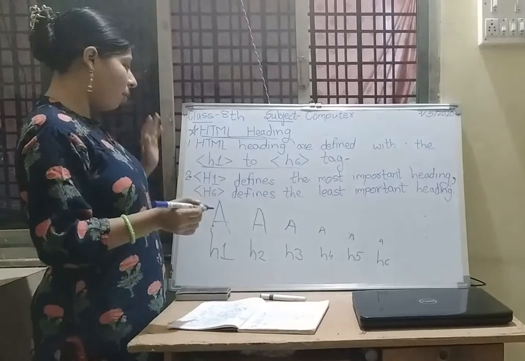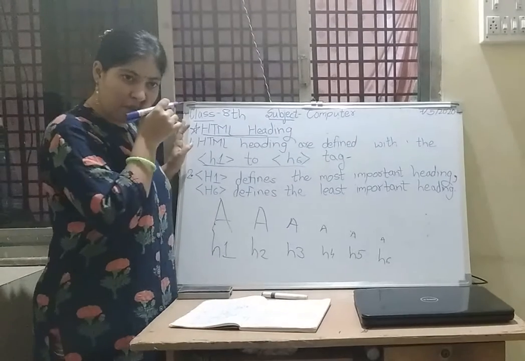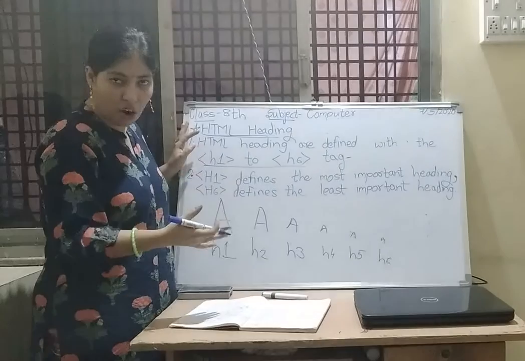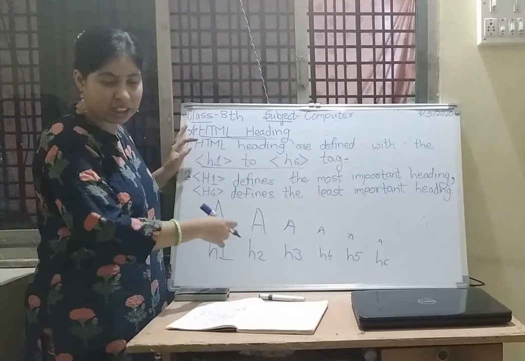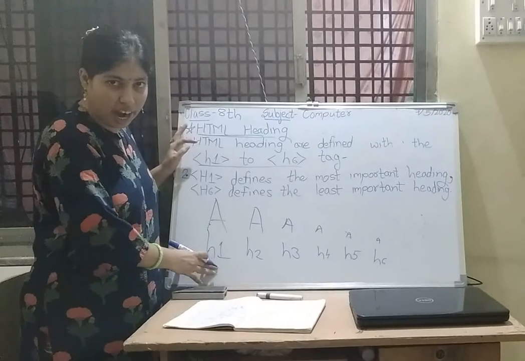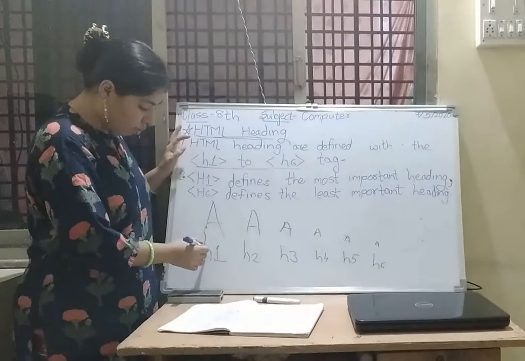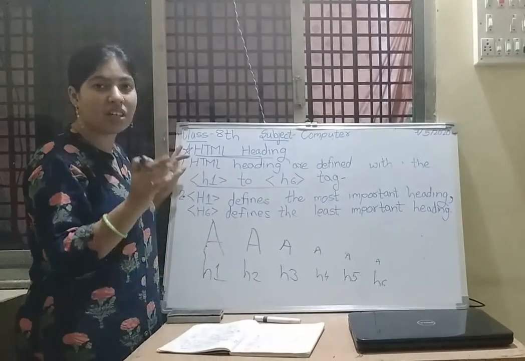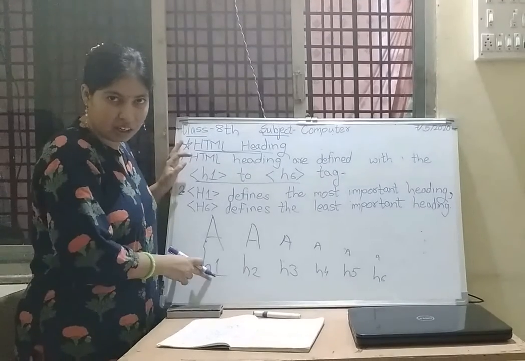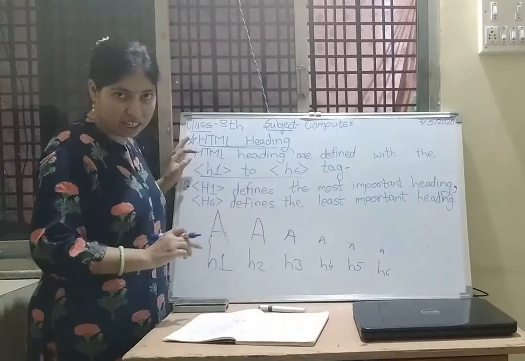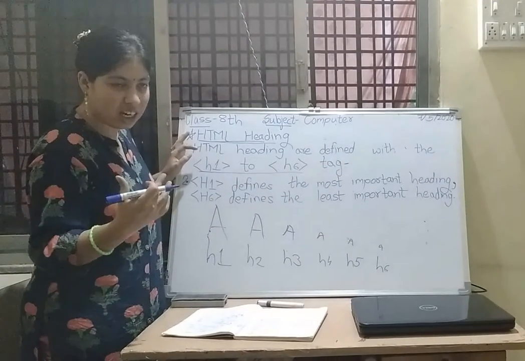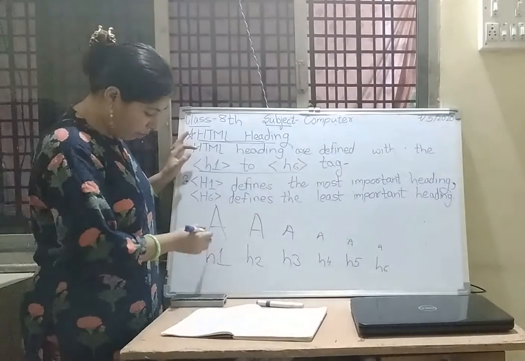Now when we use a heading tag inside a body tag, they are in pairs. H1 starting and H1 ending, starting and ending tag. These tags come in a pair. So when we write text inside the starting and ending tag of heading, the first form, the second, the third, the fourth, the fifth and the sixth, what happens?